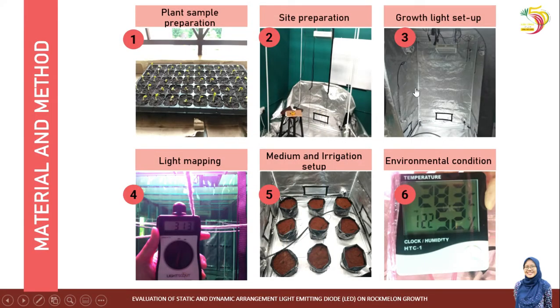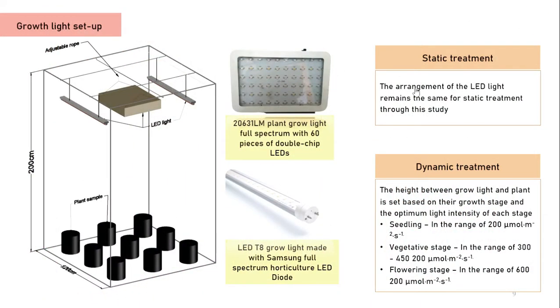Next is the grow light setup. For the static treatment, the arrangement of the LED light remains the same throughout the study, and for the dynamic treatment, the height between the grow light and plant is set based on their growth stage and the optimal light intensity for each stage.